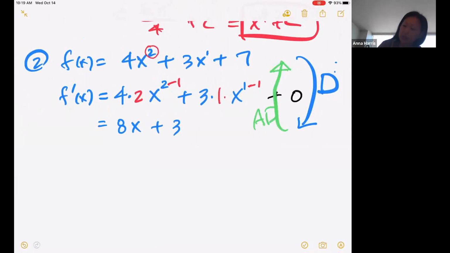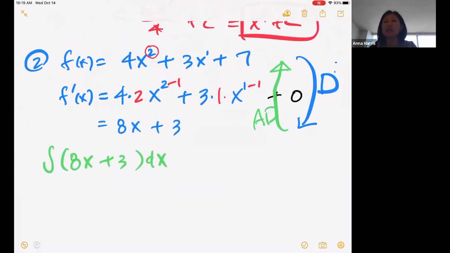So that means let's take the antiderivative of 8x plus 3 dx. So you're taking an antiderivative with respect to x. That's why you put the dx, okay? So I'm going to do it step by step, term by term. I will do exactly the same thing I did before.